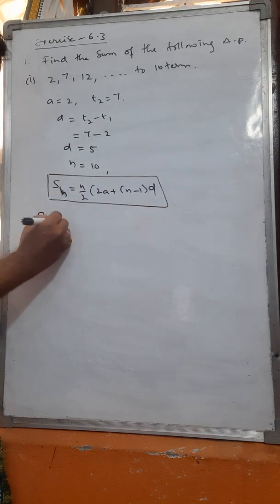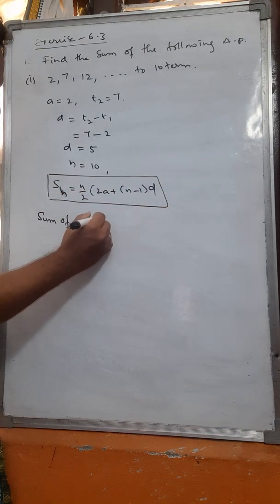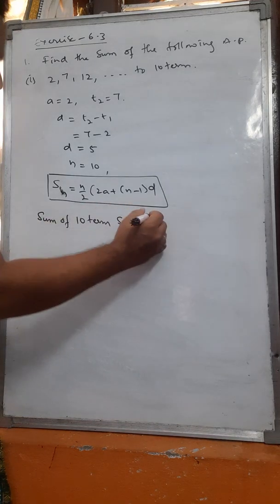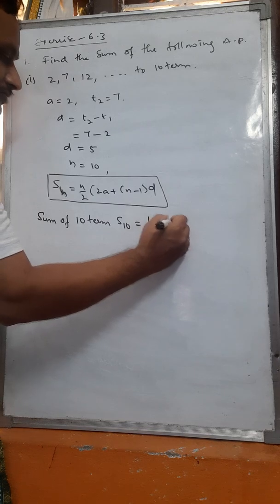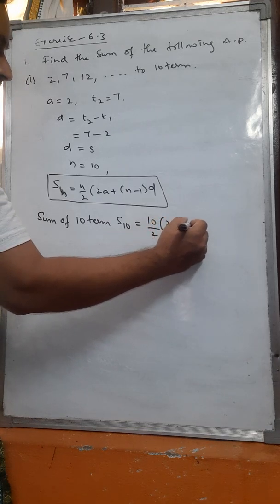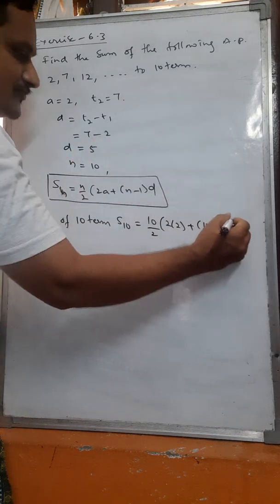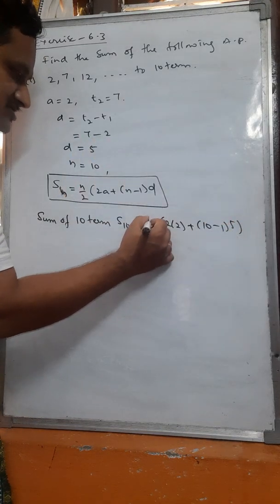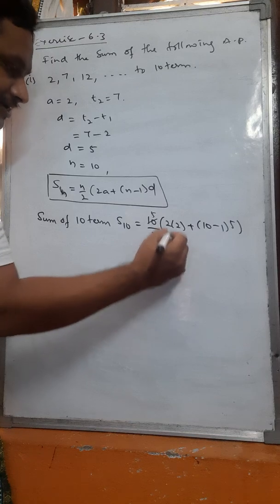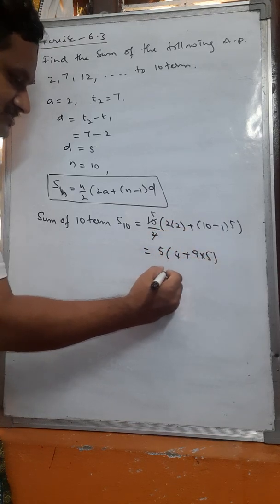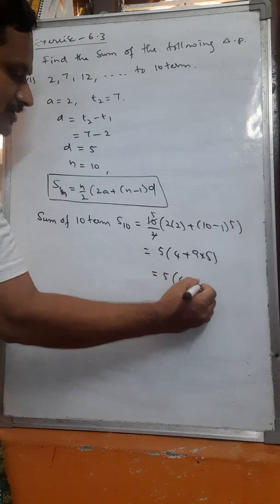So the sum of 10 terms is denoted by S10, that is equal to 10 by 2 into 2 into 2 plus 10 minus 1 into 5. So 5 into 2 into 2 is 4, plus 9 into 5, that is 4 plus 45.